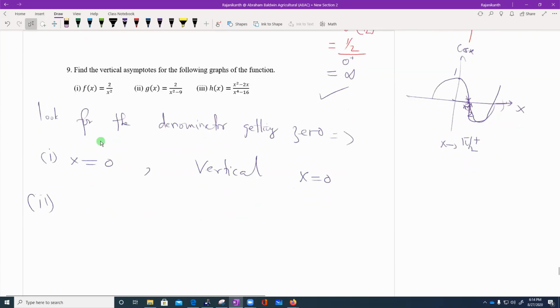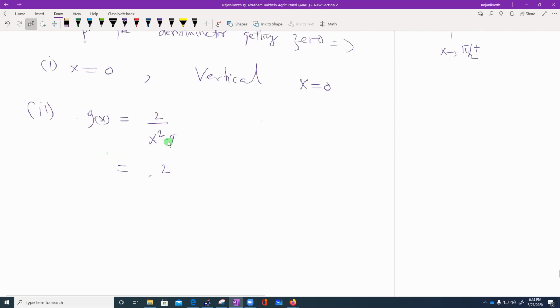Number 2, the given function was now 2 over x squared minus 9. If you could factorize, that is good. I know how to factorize this x squared minus 9, which is x minus 3 times x plus 3. Again, the denominator getting 0 for two possible x values now. X is 3 and x is negative 3.